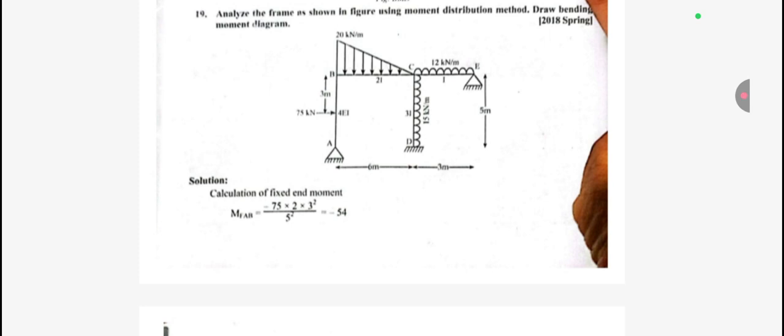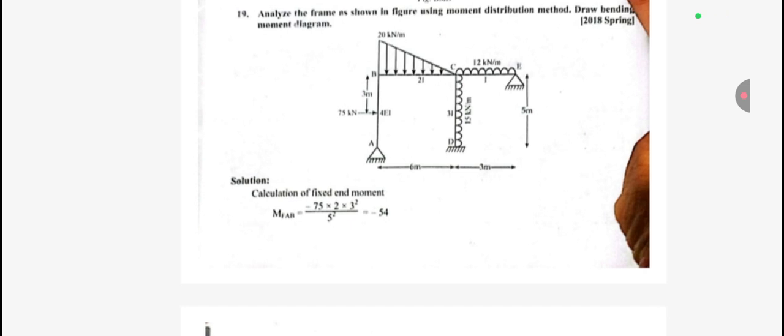So in this video we are going to solve one important numerical of bending moment diagram. You can see here we have a given question, and this question was asked in 2018 spring. Such types of questions are repeatedly asked in our final examination.